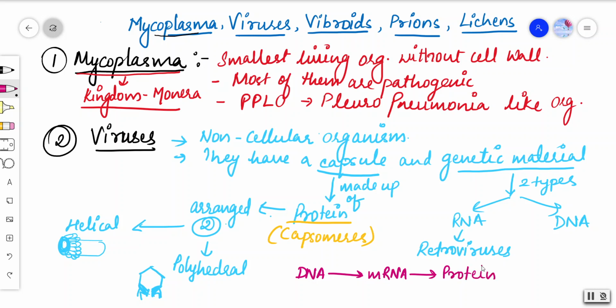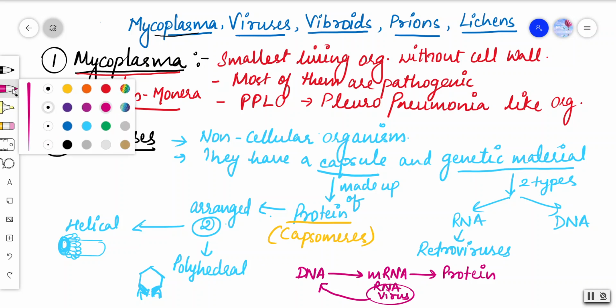This is the central dogma. But in RNA virus, the RNA is already present, so it gets converted into DNA and then it is converted into mRNA and then protein. This is the procedure followed in RNA viruses, the retroviruses.